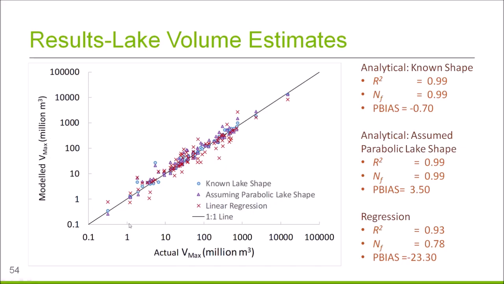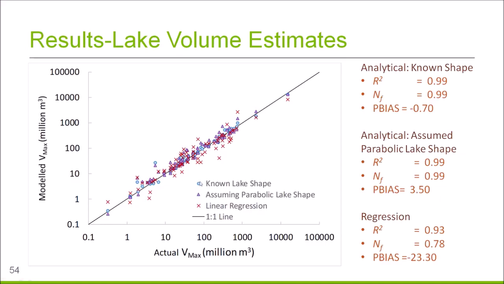So what we have done in this plot is, for all those known lakes, we do have information on the maximum volume, right, from the bathymetry data, and then we apply different models to estimate the modeled volume for those lakes.